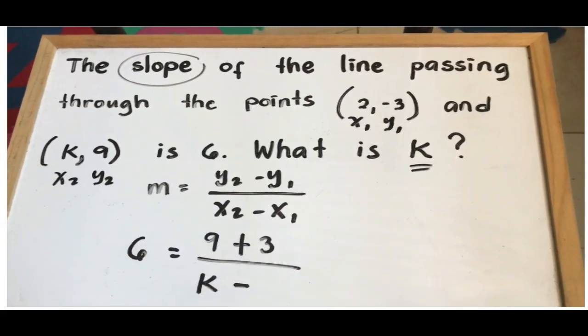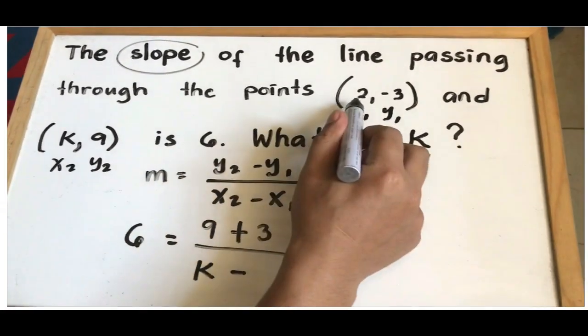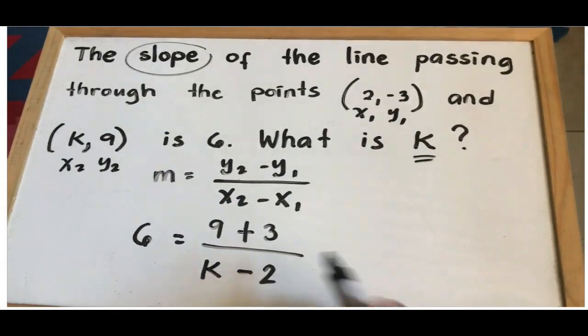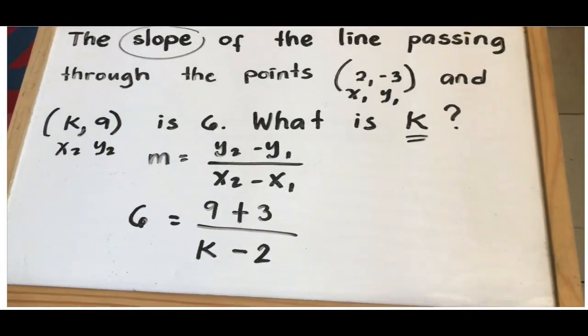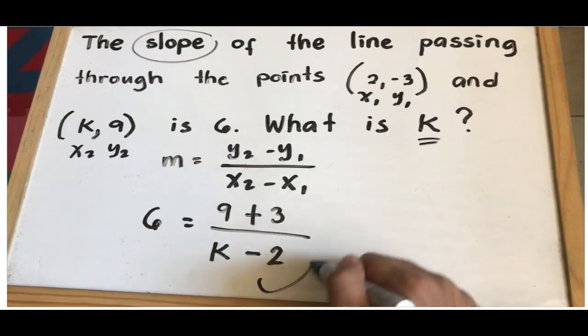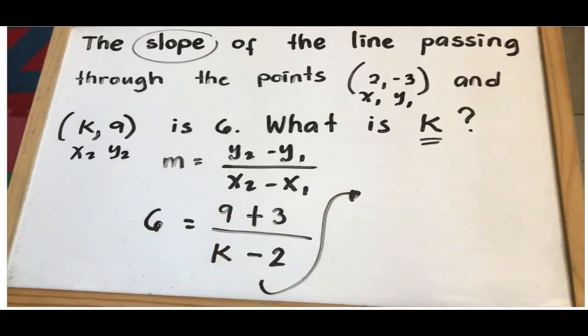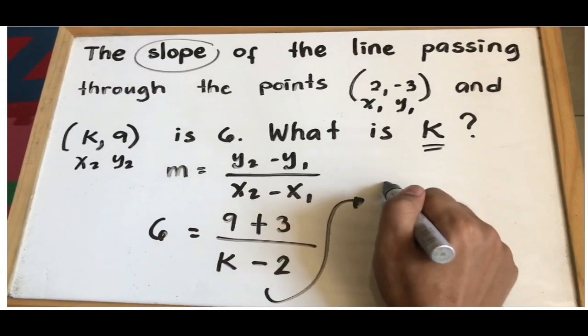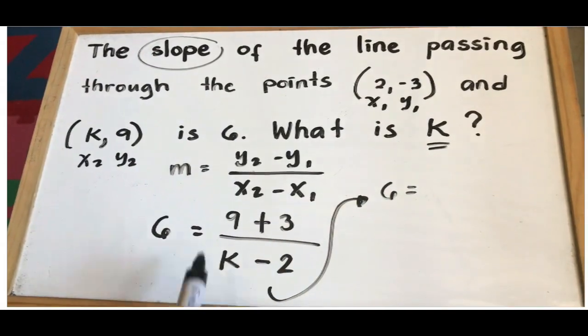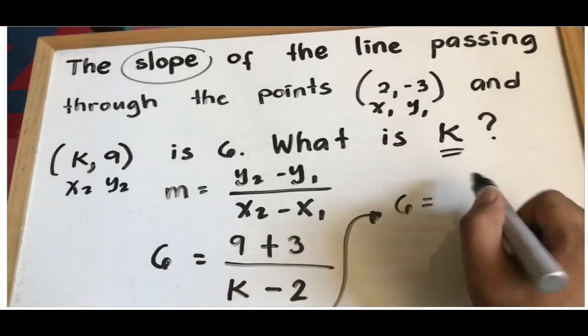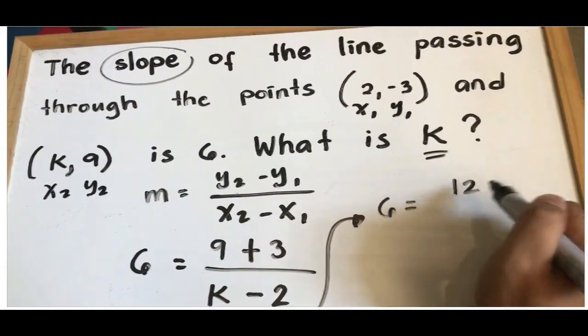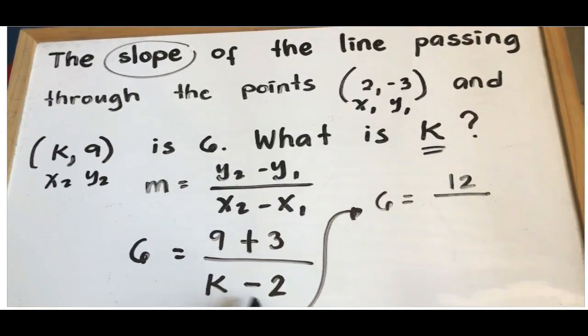Minus y sub 1, which is 2. Yan. So, 6 is equal to 9 plus 3, 12, over k minus 2.